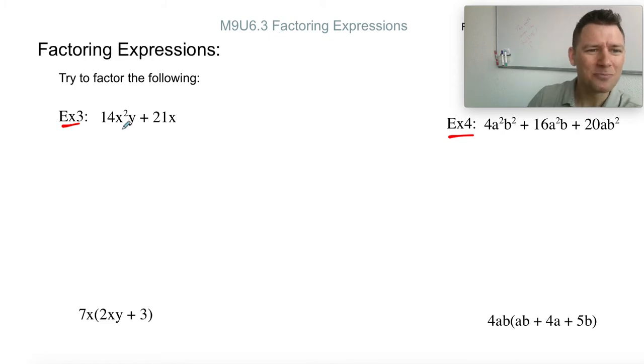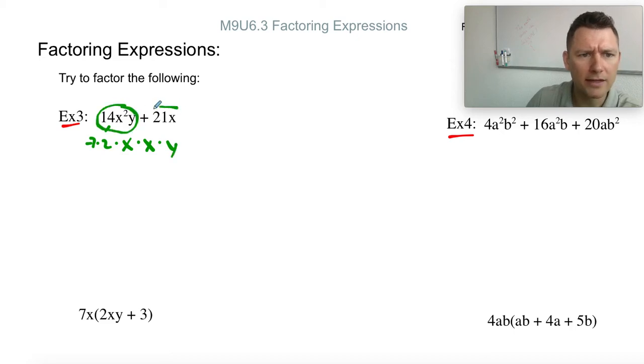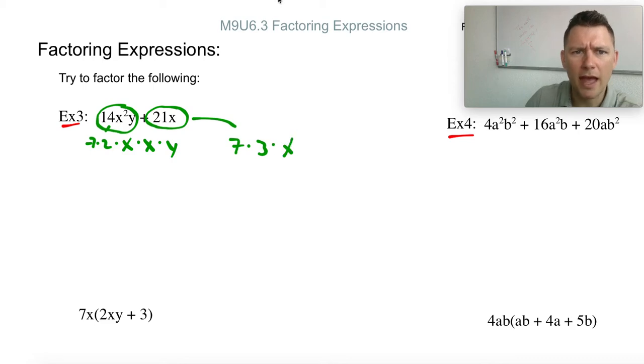All right. I see that this is really 7 times 2 and an x and an x and a y. Yeah, that's in this one. And in this one, we really have 7 times 3 and an x. And so what they have in common is a 7 and an x, a 7 and an x.